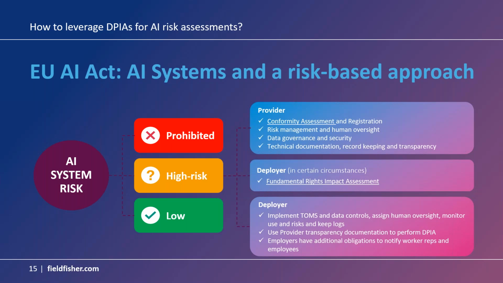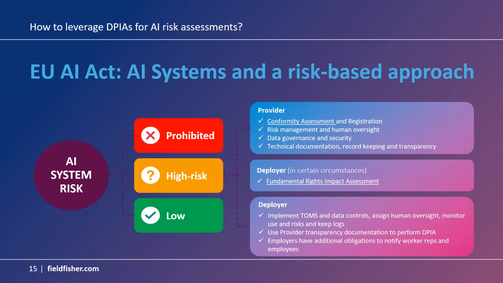So moving on to the third bucket, this applies if you conduct profiling on people with the data that you use for your AI systems in relation to your Annex 3 use cases. So this will also be high risk. So you won't be able to apply the derogation that I just explained if you carry out profiling.